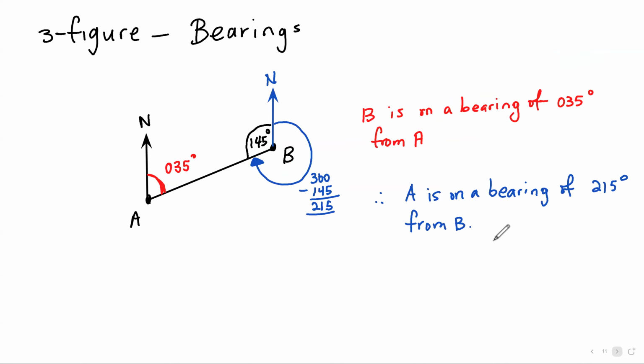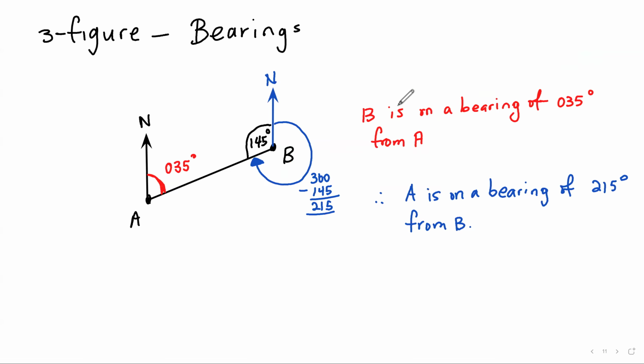We looked at bearings, which use three figures. It's important to know that if you're taking the bearing of a point from another point, the word "from" tells you where to put your north line.